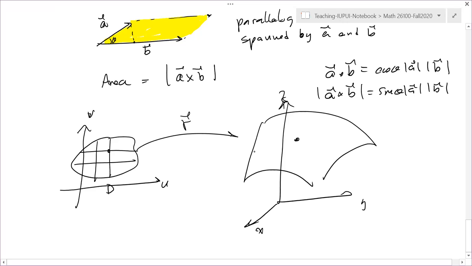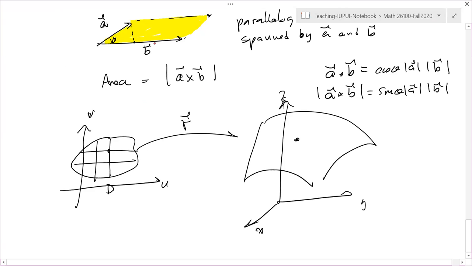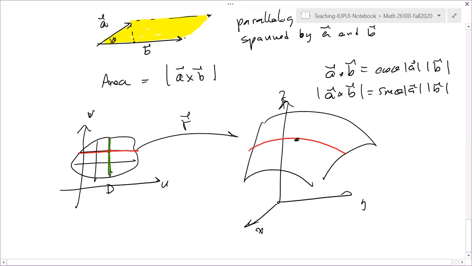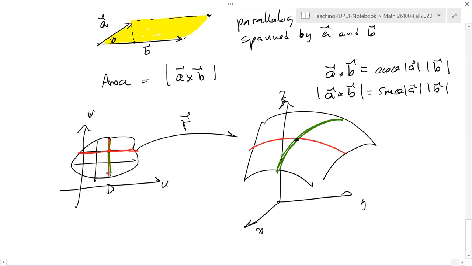So those are the curves. Let's first of all look at the tangent vectors. Okay, so take an arbitrary point here. This is a horizontal line. So I get this curve, right? And then I look at the vertical line and I get this curve. Okay, so those are the images of those two lines perpendicular to each other in the uv plane. And now you have this, right?